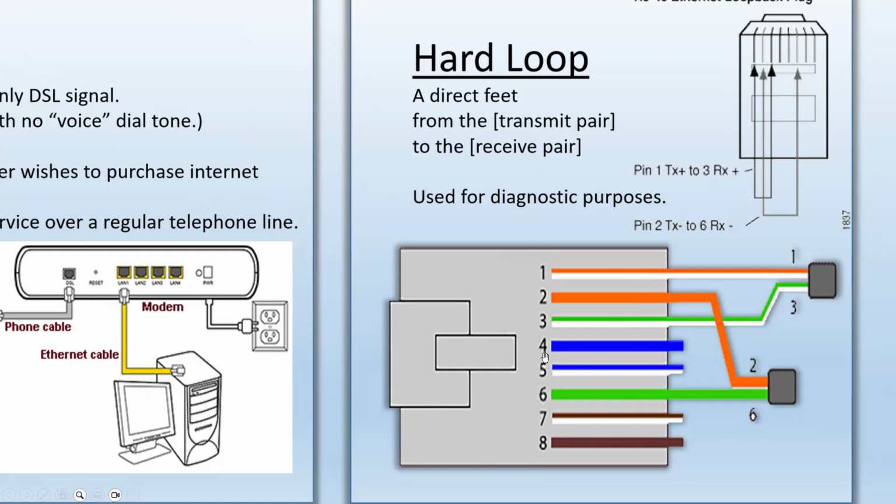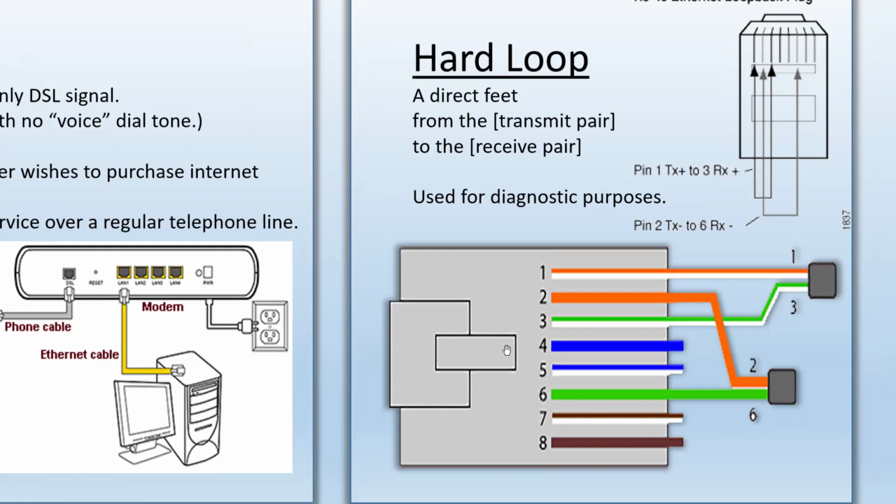So at that jack location, you are looping things. You're connecting the transmit pair into the receive pair. And you plug that in, and that is used for diagnostic purposes. You would not do that just on your own, but if the DSL line or T1 line has to be diagnosed, then you will plug things in and you will be on the phone with the support person of whatever company is providing the signal.